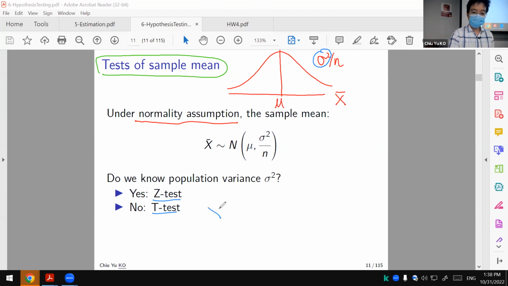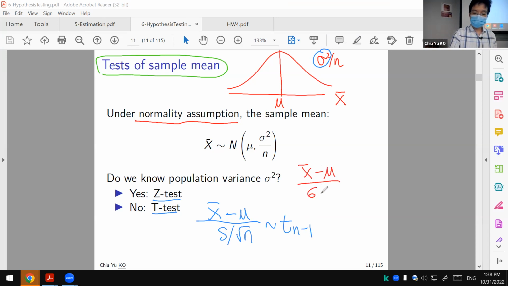Because if you don't know, this guy, X bar minus mu over S over root n, is actually t with n minus 1. That is the comparison, right? Because if you know, we'll be using this one. This is normal (0,1), right? That is the Z. That would be the thing we have been doing.